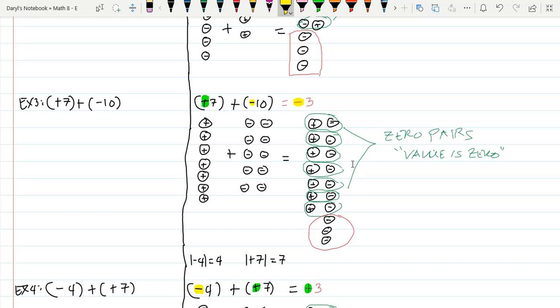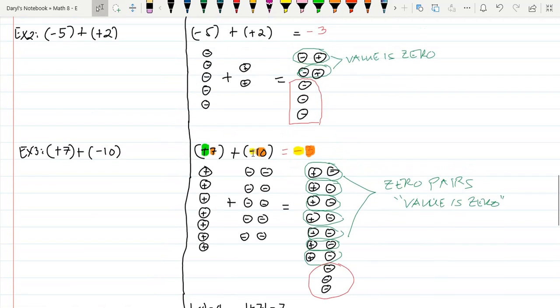Okay? But the sign would be coming from the bigger absolute value. So again, when we say absolute value, we are disregarding the sign. So the absolute value of negative 10 is just 10. So the sign of that is a negative value. So we copy the sign of this number here, the negative 10.